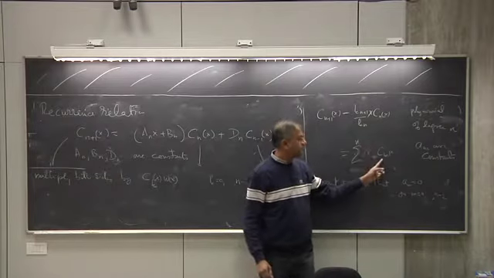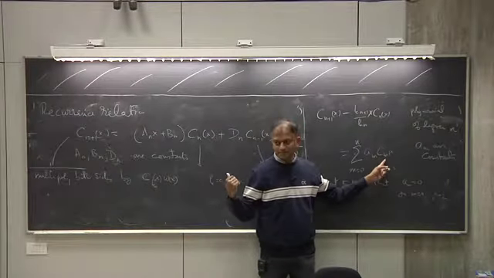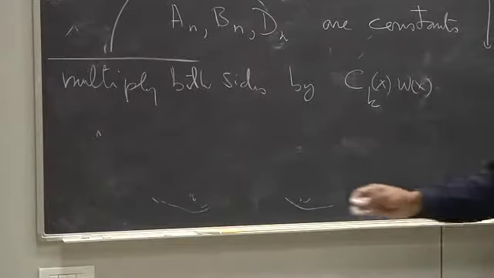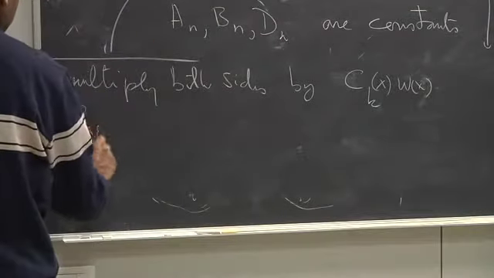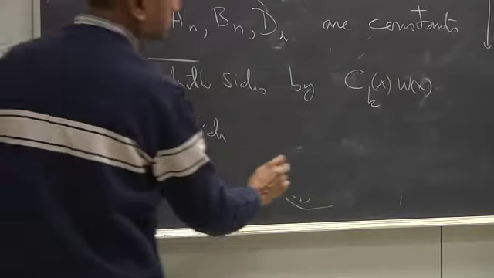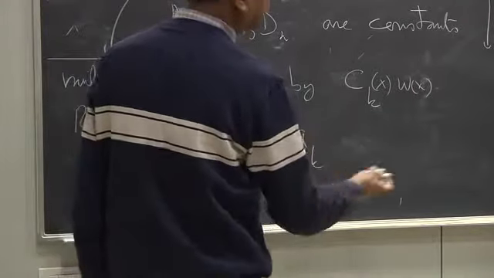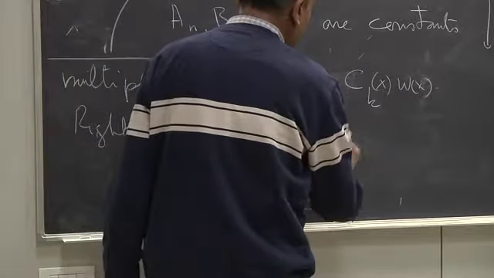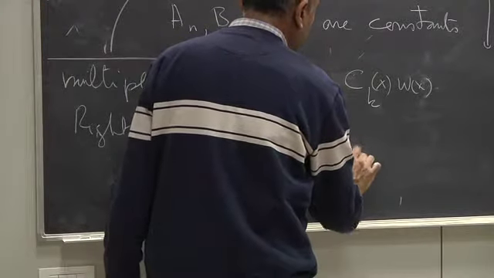term in this sum which will contribute is when m equals k. So the right hand side gives you a_k times the normalization, whatever the normalization is. Let me call it h_k.